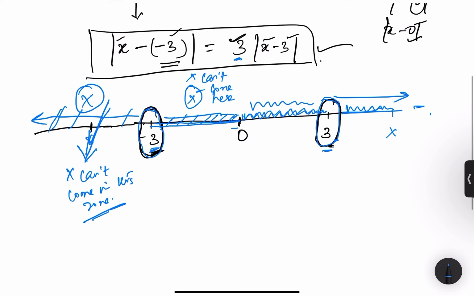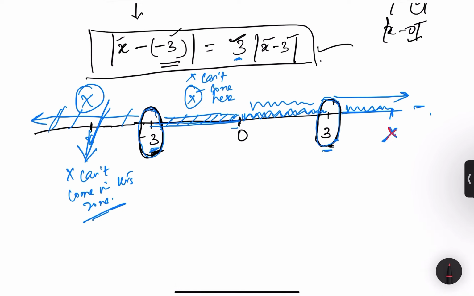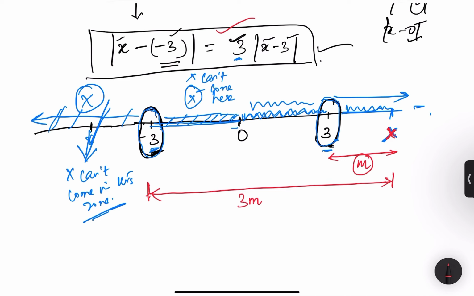So now let's say x falls here. This is our x. We will take some other color of the pen. So let's say x is coming here. So the distance from 3 to x, this distance, we call it m, and the distance of this x from minus 3, that is this distance, is thrice of m from our given equation. So this will be 3m.